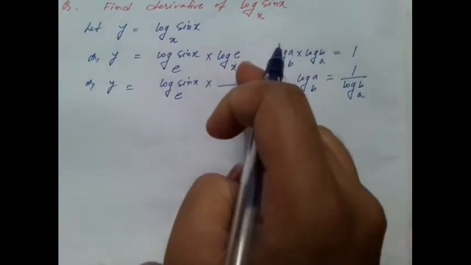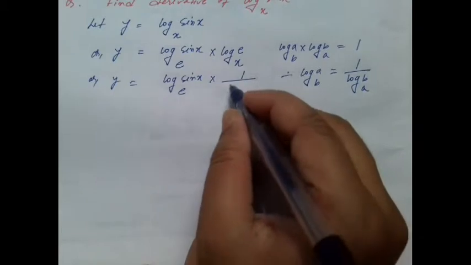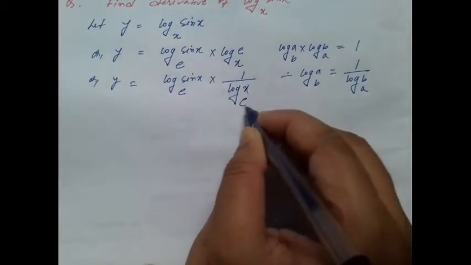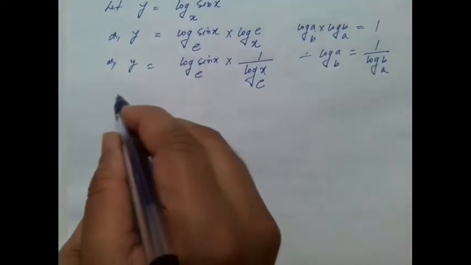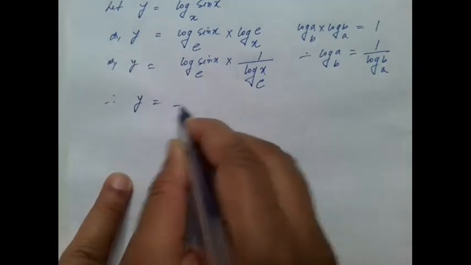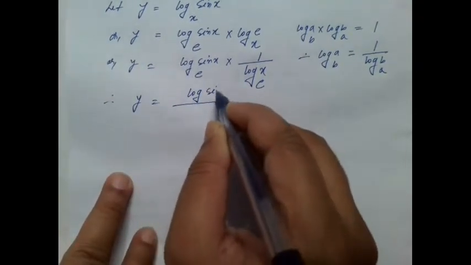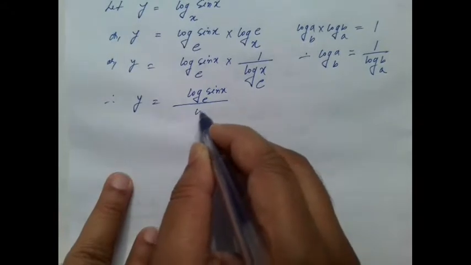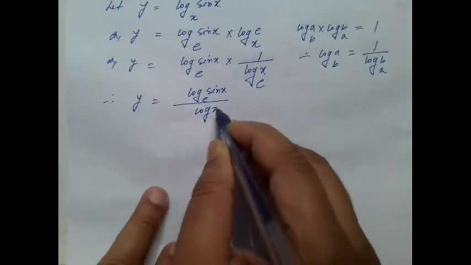So if we take the inverse of this, we will get log x to the base e. Therefore we are getting y equals log of sin x to the base e, and here the denominator is log x to the base e.